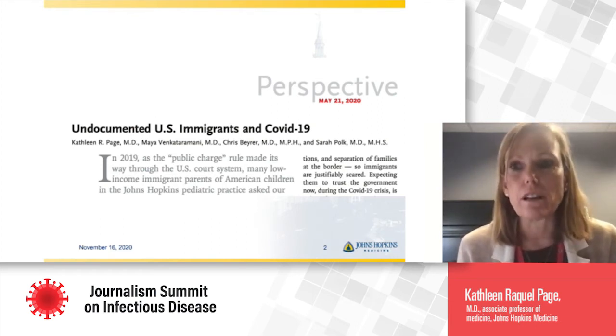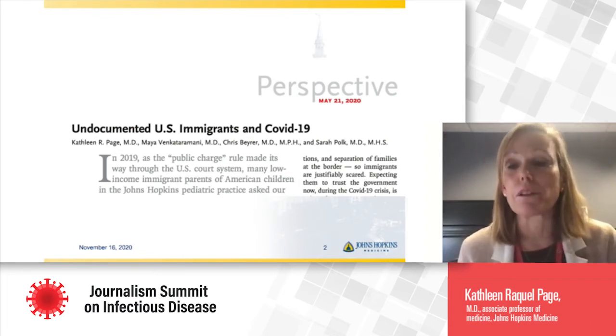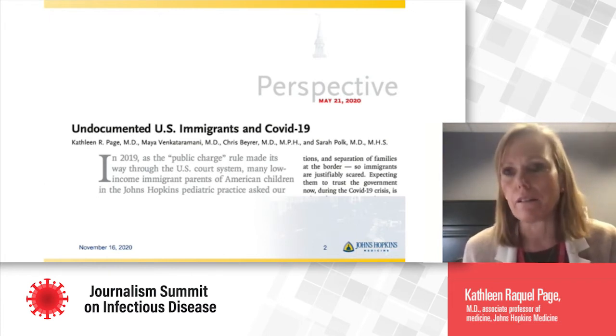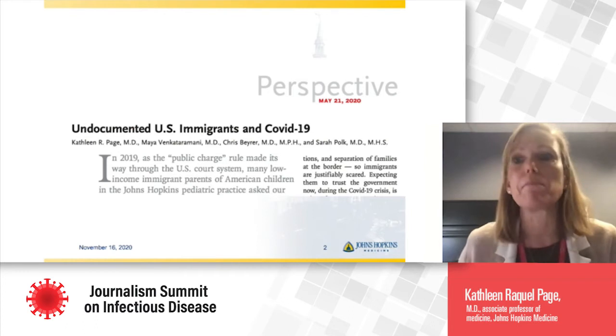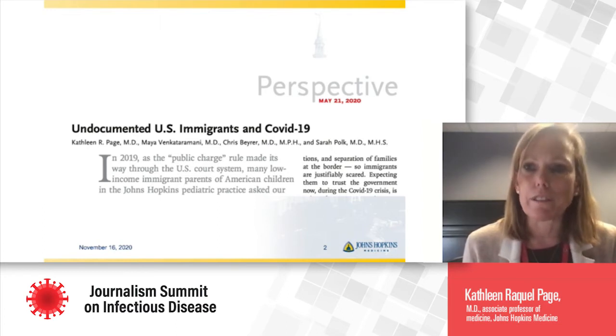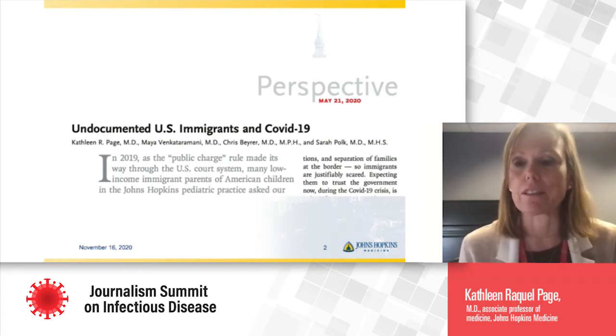In addition, there were some laws coming through the courts, in fact the public charge rule, which was approved in February, right before COVID emerged on a big scale in the U.S. Basically what that said is that immigrants who use certain types of public services could in the future have their immigration status affected.